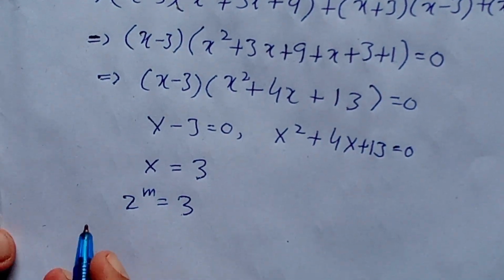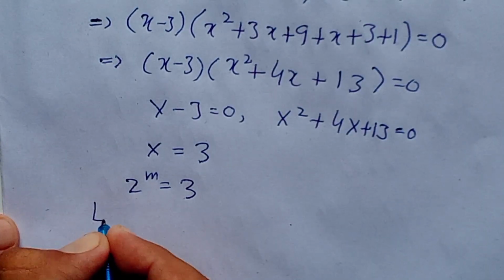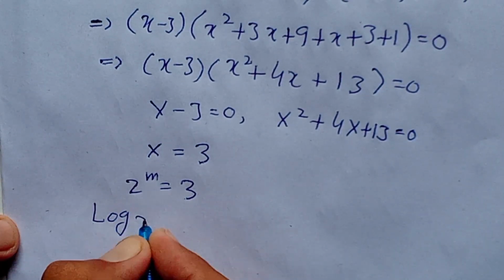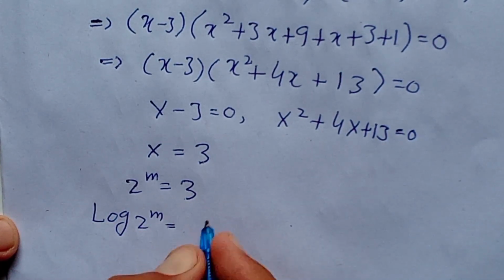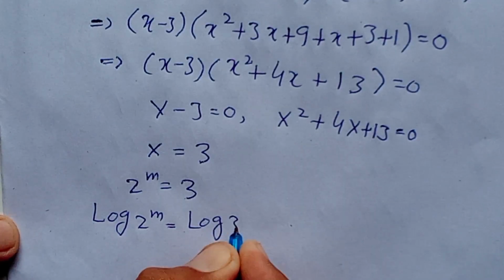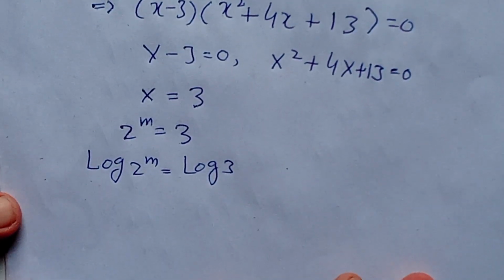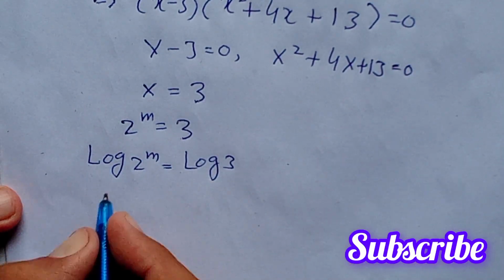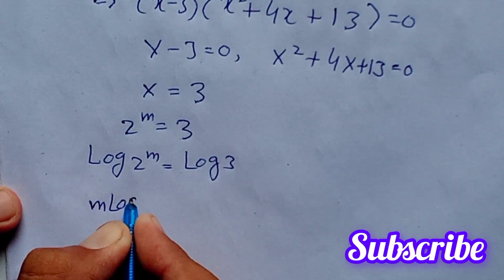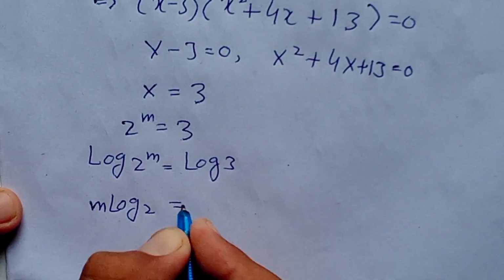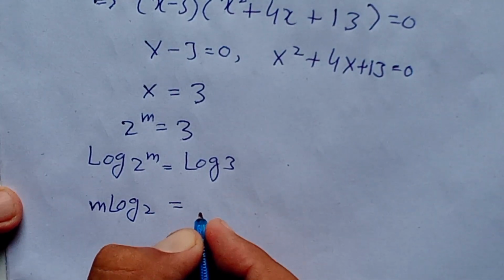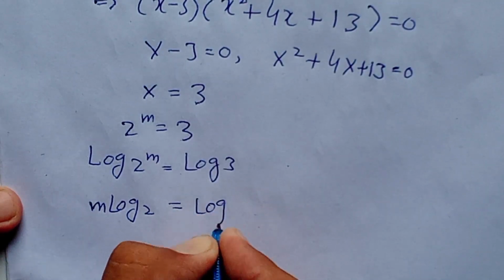Now I can take the log of both sides. So log 2 to the power m is equal to log 3. Now m comes before, so m log 2 is equal to log 3.